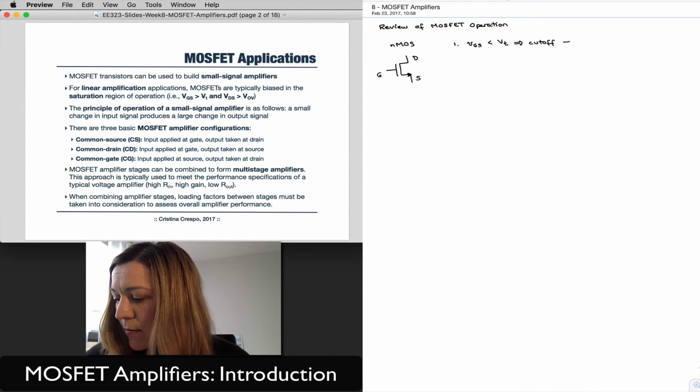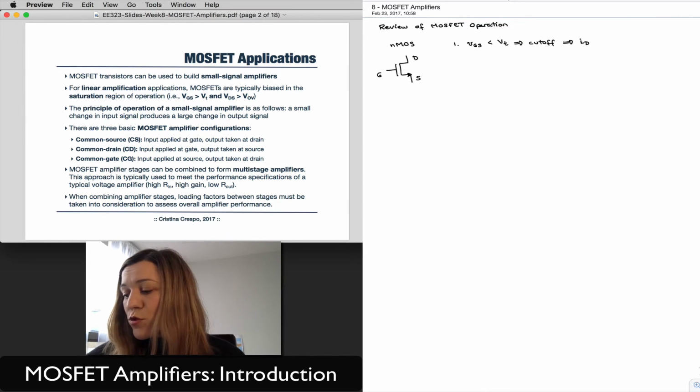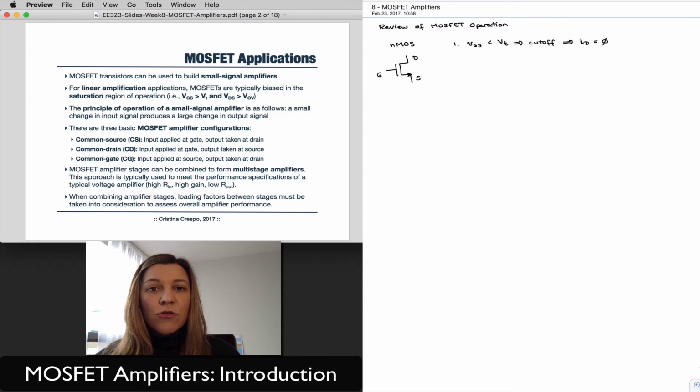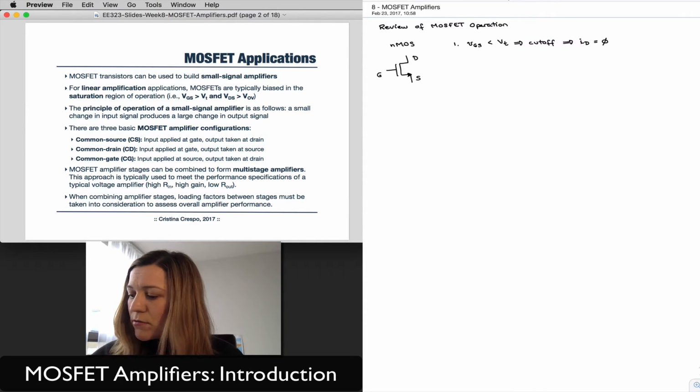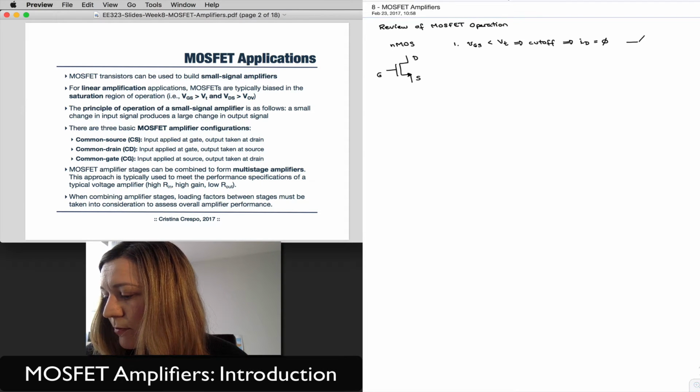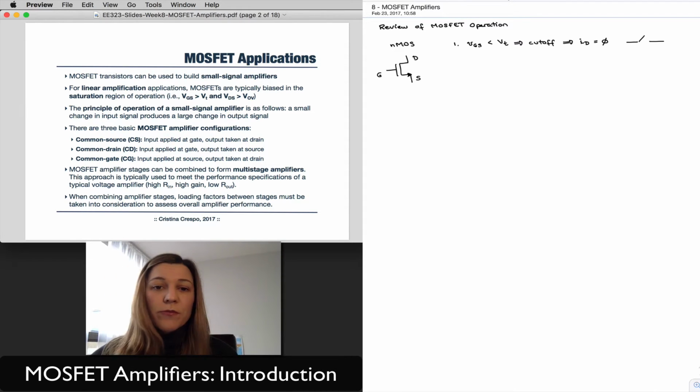And so, in that region of operation, the current flowing through the drain, or from drain to source, was equal to 0. We can model a transistor which is biased in the cutoff region as an open switch or an open circuit, for example, something that prevents the flow of current.